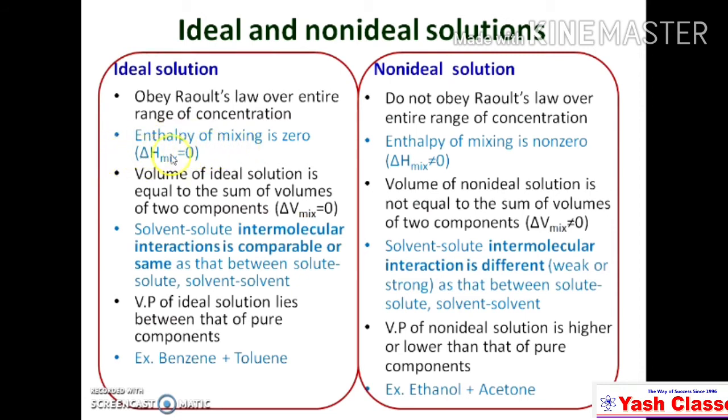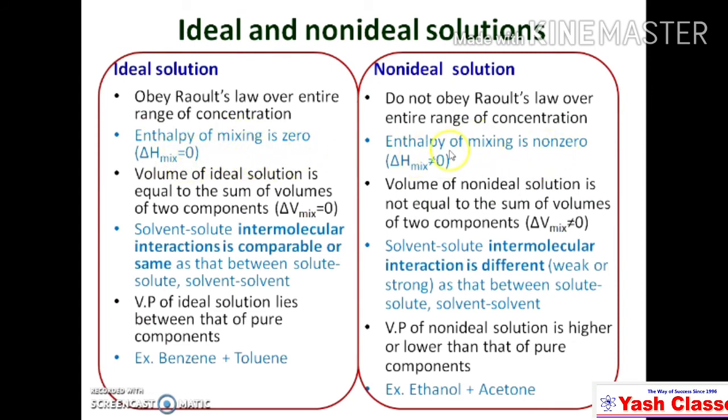Accordingly, process may be endothermic or exothermic. But at the time of formation of ideal solution, when two components, that is solute and solvent, are mixed, process is ideally neither endothermic nor exothermic, and therefore there is no enthalpy change. So delta H remains constant. So this is for ideal solution.